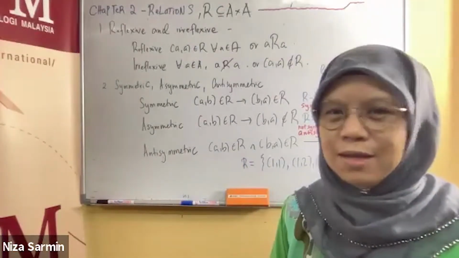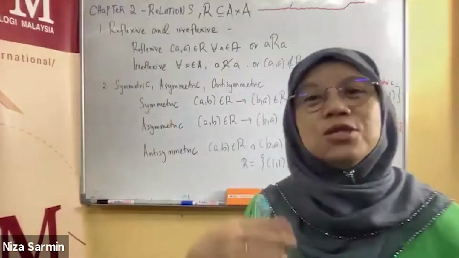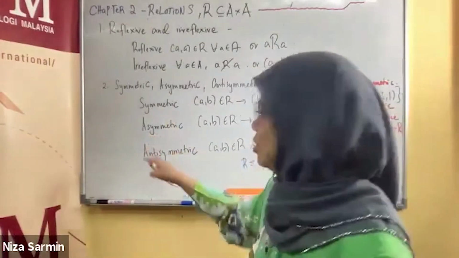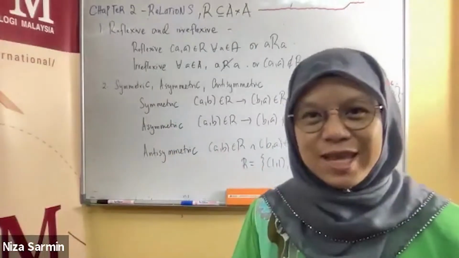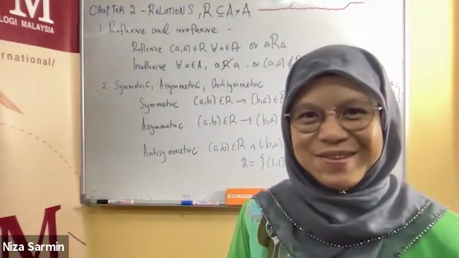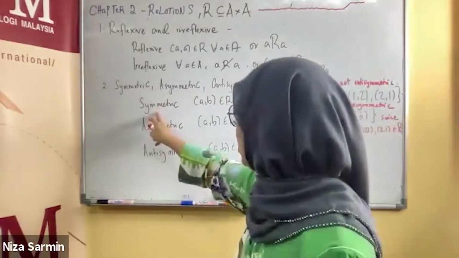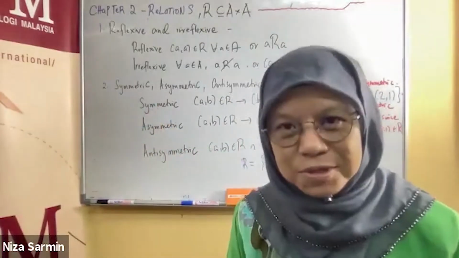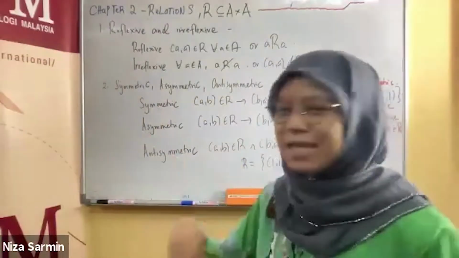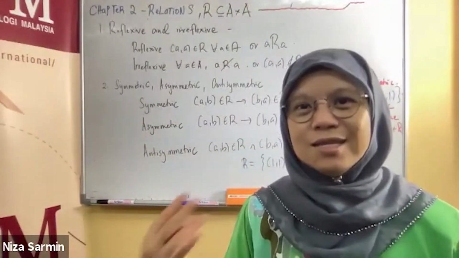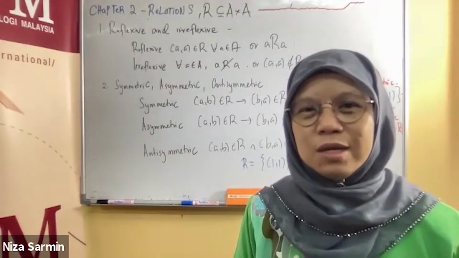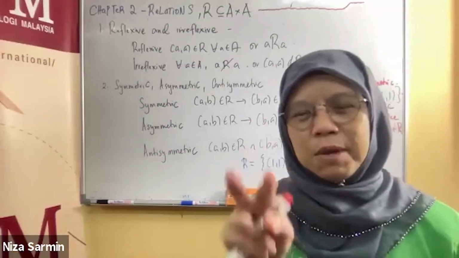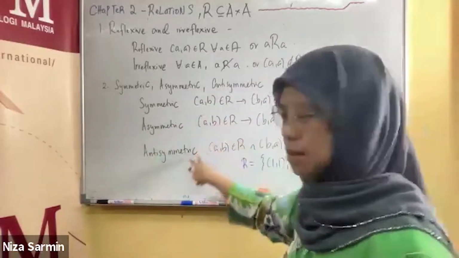Not necessarily. If it is not symmetric, it is not symmetric. Don't say if it is not symmetric, then it is this or this, because it can be both, it can be not both. All right. So if it is not symmetric, just not symmetric. If it is not asymmetric, it's not asymmetric. If it is not antisymmetric, it's not antisymmetric. No need to ask, if it's this, is it this? You just remember and understand the why.